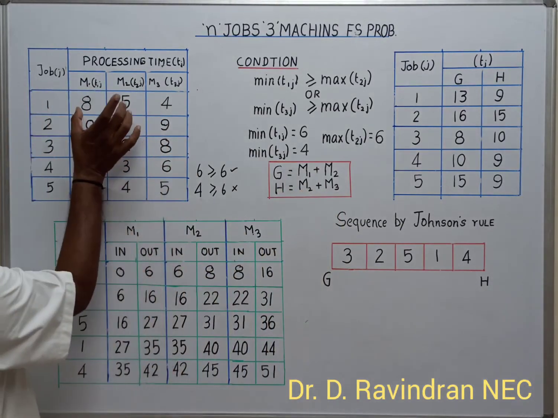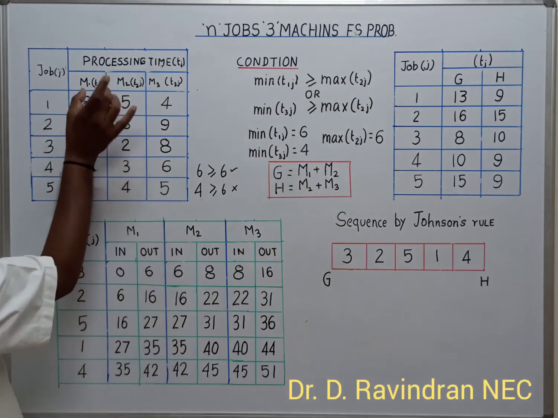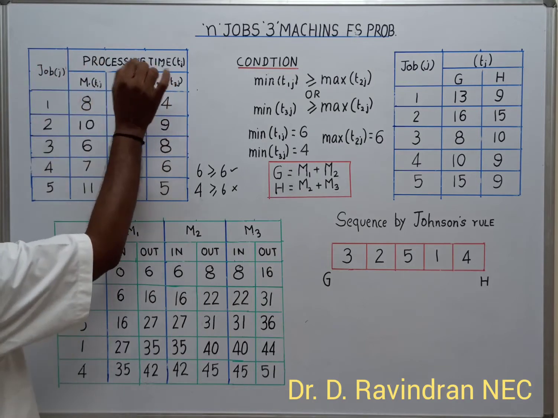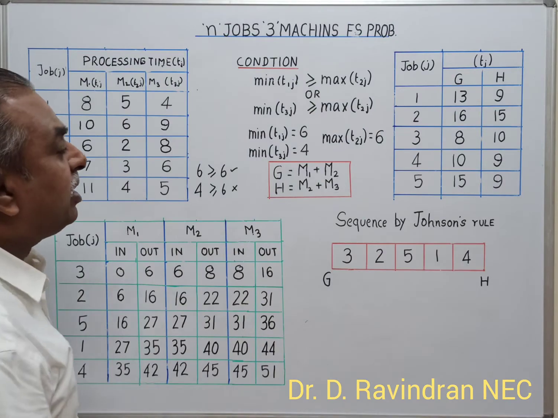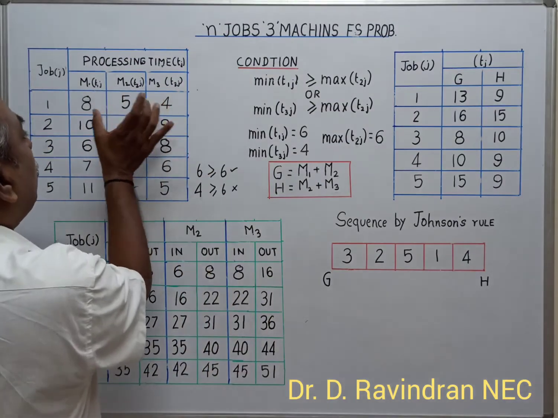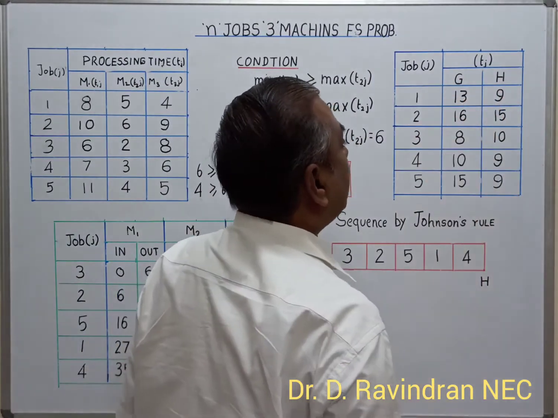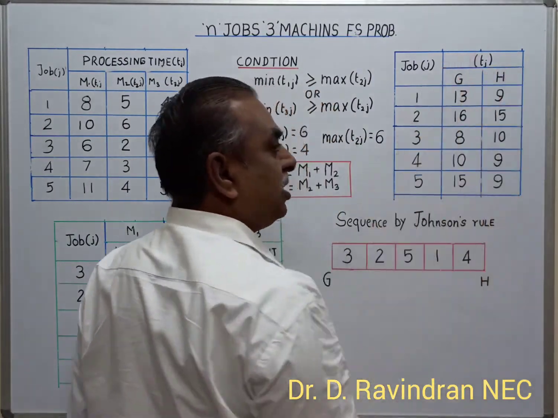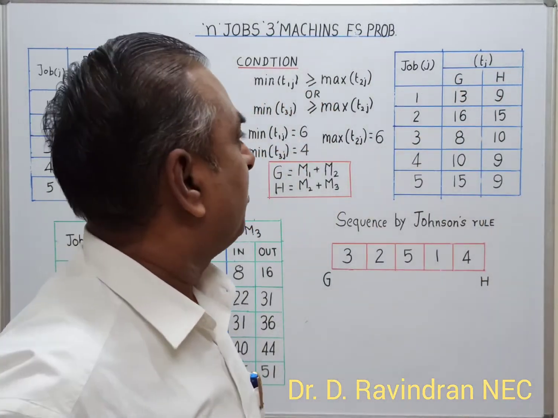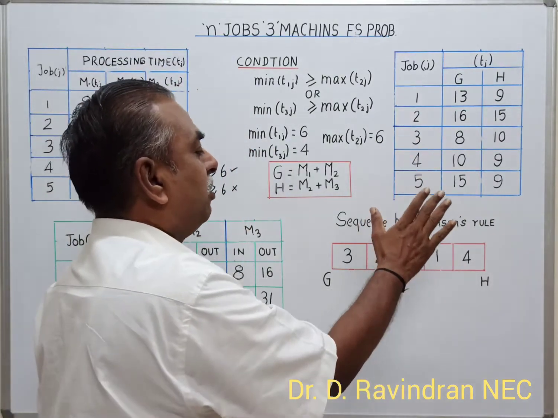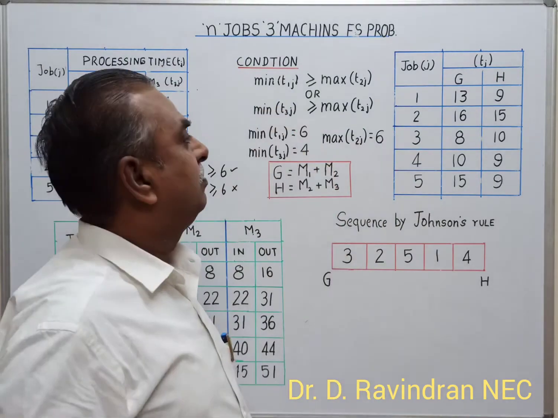That means you add these two processing times and put it as G, and add these two processing times and put it as H. In that case, these 3 machines can be converted into 2 machines, whereas G and H are imaginary machines only. There are no actual machines available. They are used only for predicting the sequence.